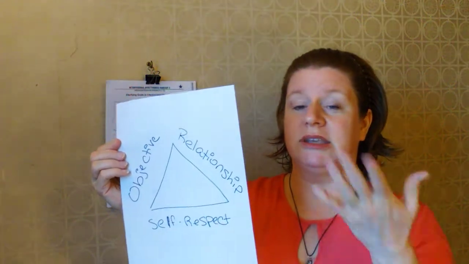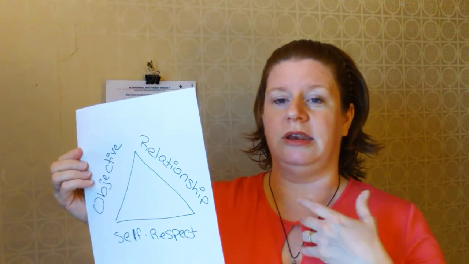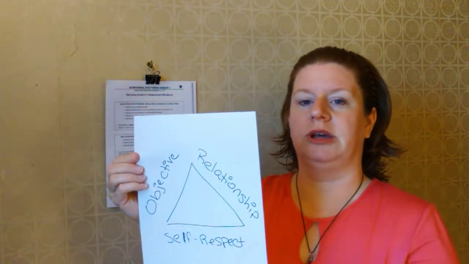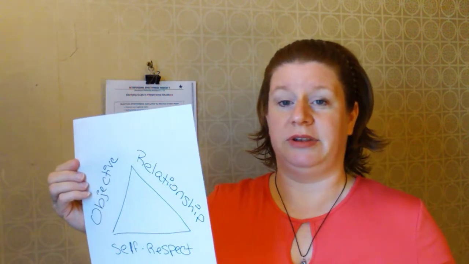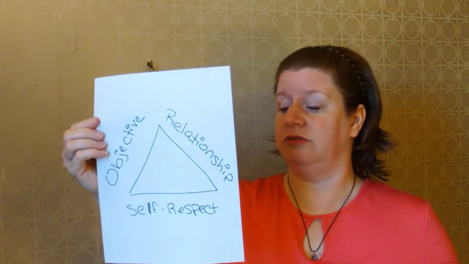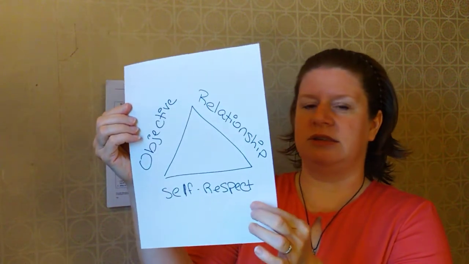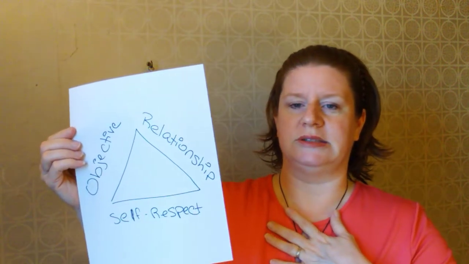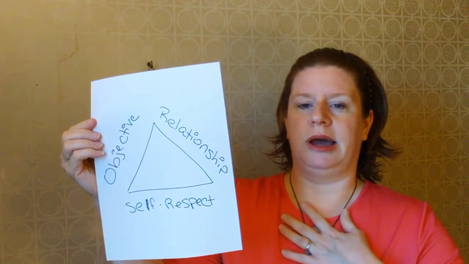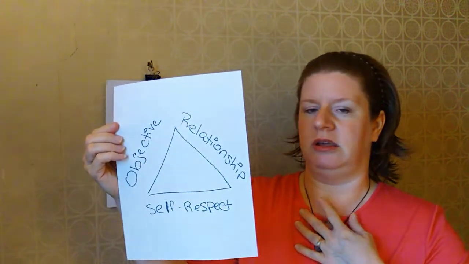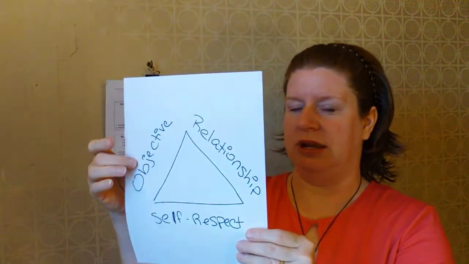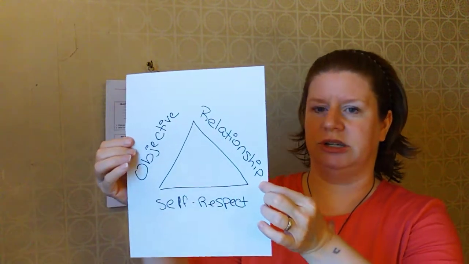If I'm asking you to mow the yard, I maybe want to look at my relationship with you, and is that even an appropriate thing for me to be asking of you? And we want to look at this third side, the self-respect. How do I want to deal with myself within obtaining this objective and maintaining this relationship?